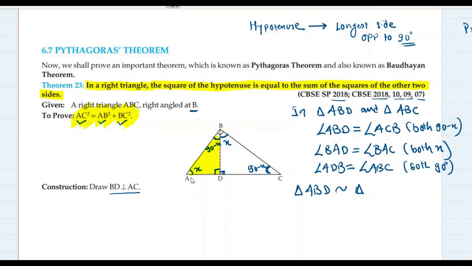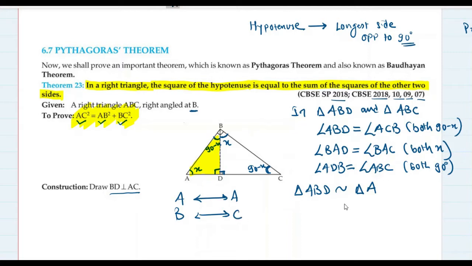Okay. So what is corresponding with A of triangle ABD with a point of triangle ABC? See, angle A is x. In triangle ABC also angle A is x. So A is corresponding with A. Remember, A is corresponding with A. B in triangle ABD, in the small yellow triangle, B is how much? 90 minus x. In the big triangle, which angle is 90 minus x?